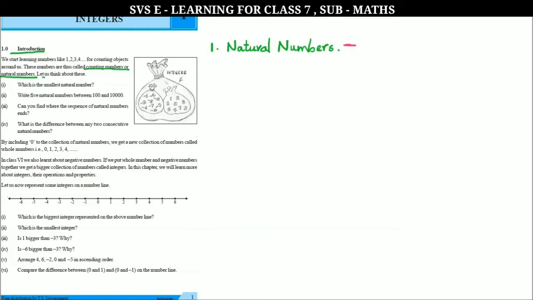By including 0 to the collection of natural numbers, we get a new collection of numbers called whole numbers. So this is another keyword. Number 2, whole numbers.